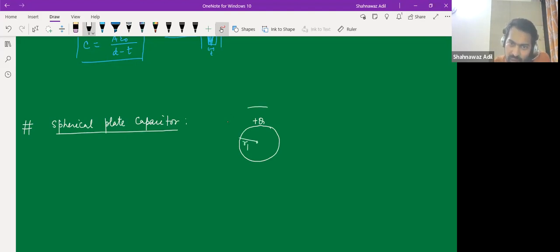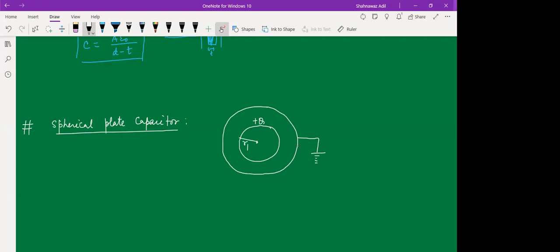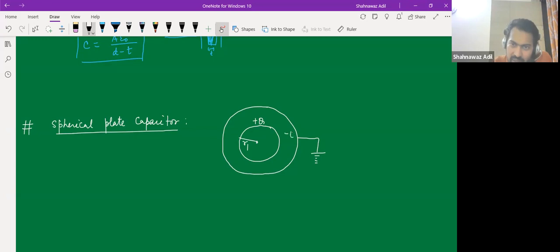And then we have this outer hollow sphere, which is grounded. If it is grounded, it provides a negative charge. This we have done. So it will provide a minus Q charge to the inner sphere. The outer radius is R2. Clear up to this point?